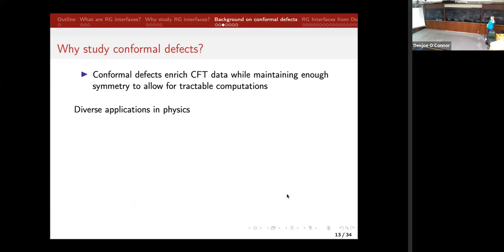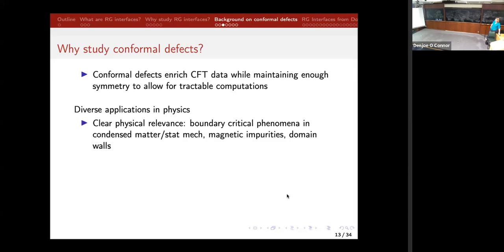And one of the reasons we study conformal defects in the first place is because CFTs are very constraining because of their symmetries, but when we break that symmetry a little bit, it enriches the CFT data while still maintaining enough symmetry to allow for some tractable computations. So it also has a lot of diverse applications in physics.